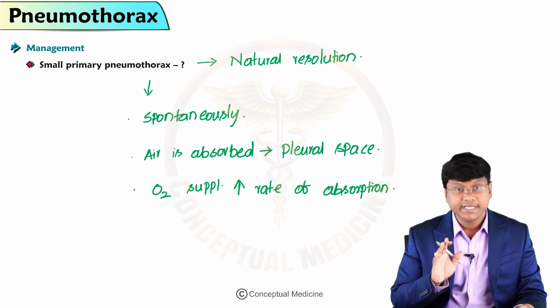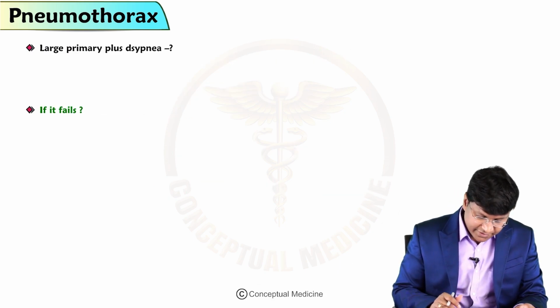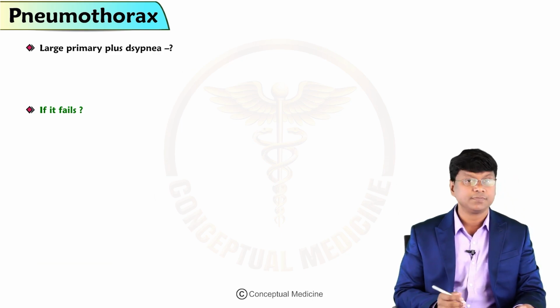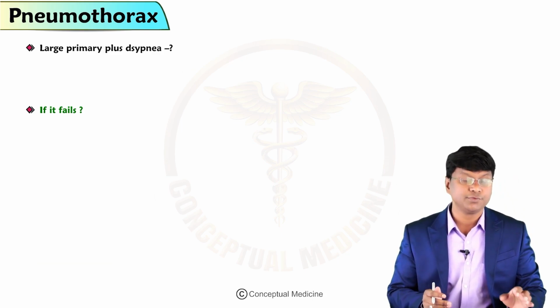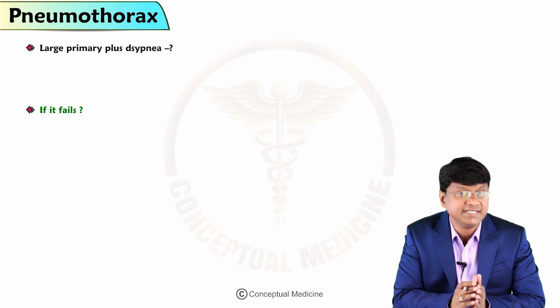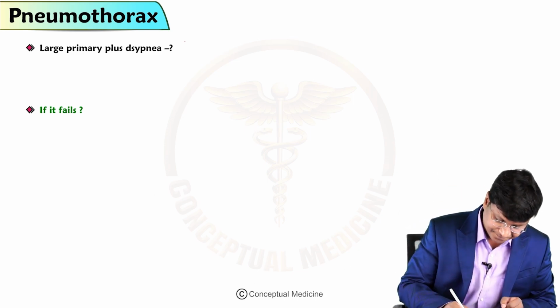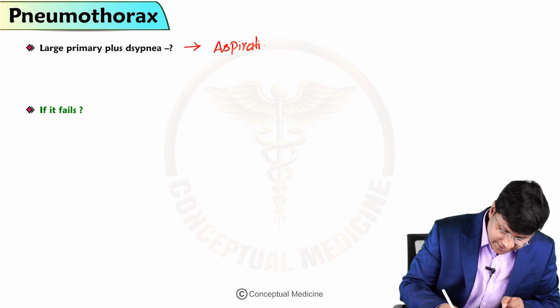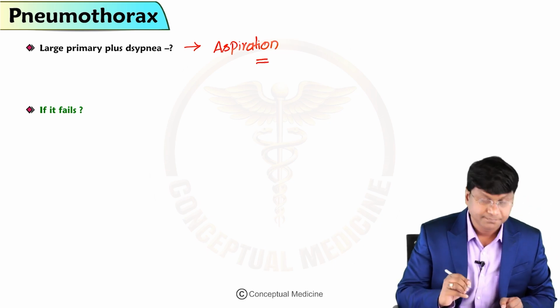Whereas, if the individual has a large primary pneumothorax, and along with it there is also dyspnea, then in such a case the treatment you have to do is aspiration with a wide bore needle.